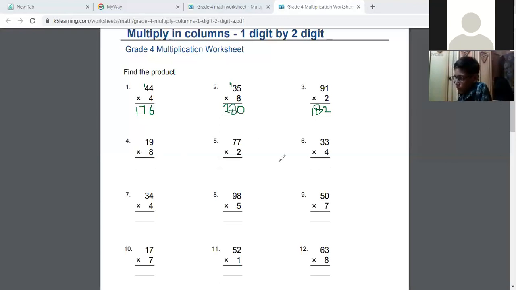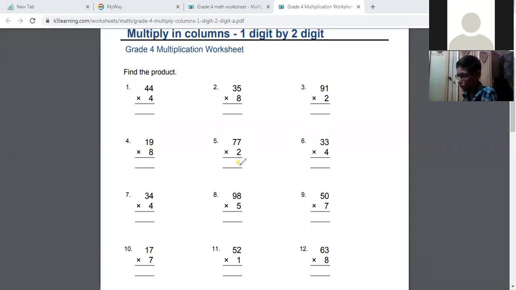Okay, next number we have 2 sevens are. Yes, then 2 sevens are 14. 4 we will write here, and 1 we give carry. Right hand side digit we will write under the numbers, and left hand side number we will give carry. 2 sevens are 14. 4 we write here, and 1 we give carry.